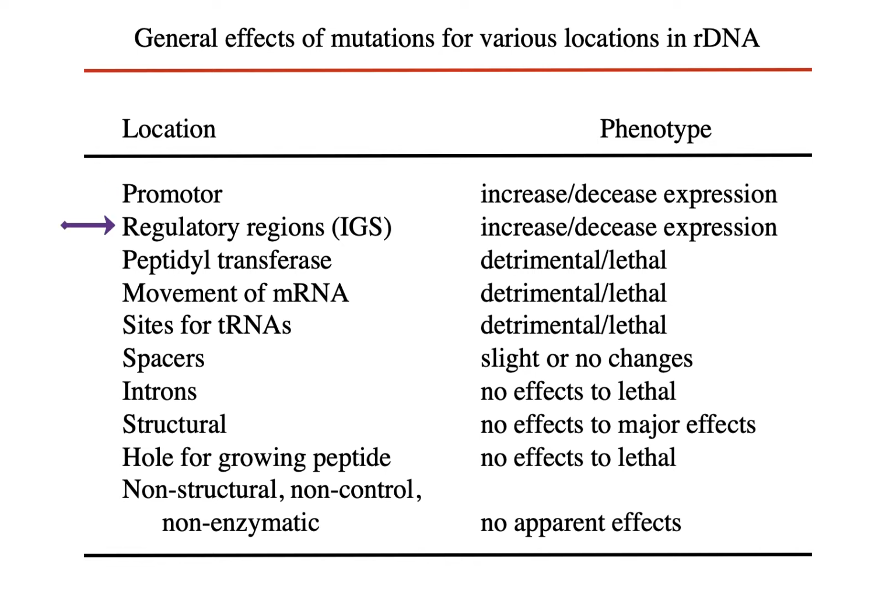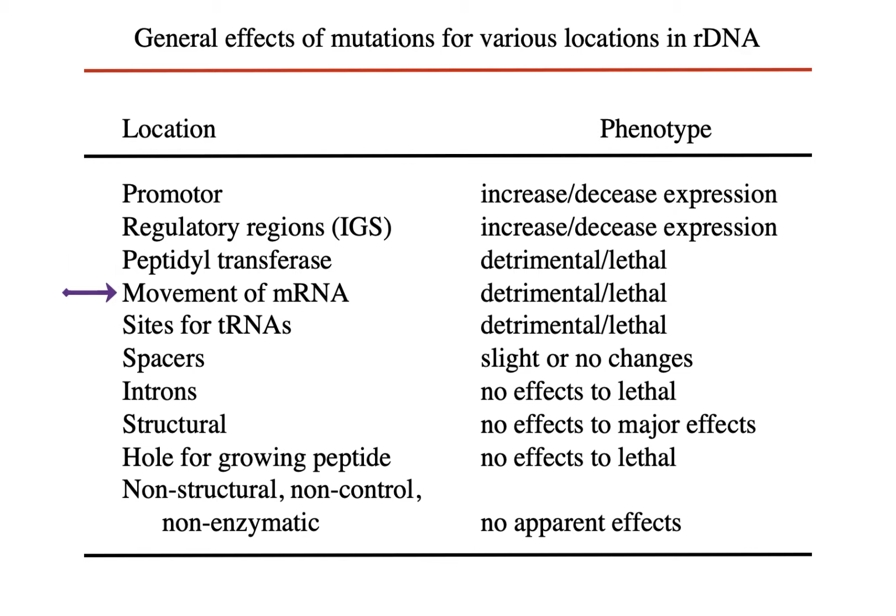If you have a mutation in those intergenic spacer regions, which hold the reserve RNA polymerases, those can also cause an increase or decrease in expression. And these have actually been measured experimentally. If you affect a peptidyl transferase, normally that's detrimental and in many cases lethal, if you affect how an organism can put together its proteins, right?